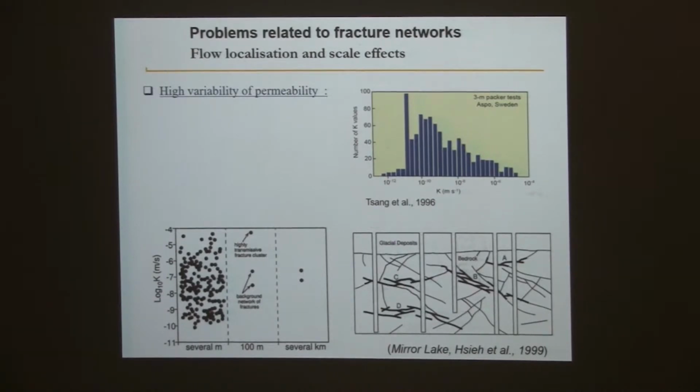What is really impressive is that in that case, it was in Aspo in Sweden, there is a very large range, a large distribution of permeability. This is the first observation.